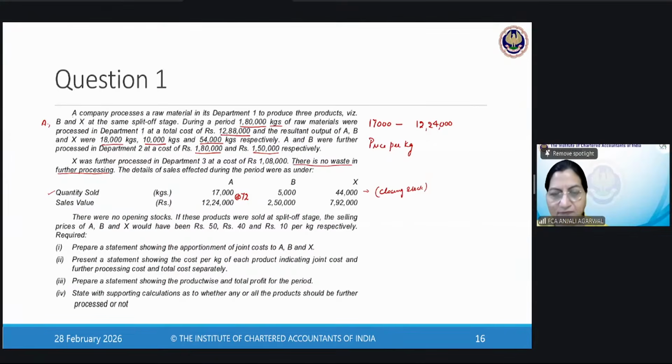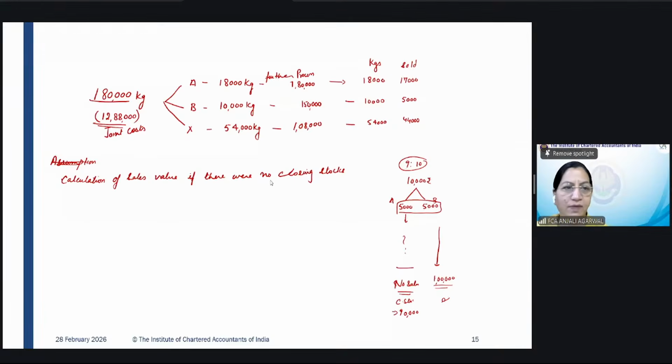So similarly, you will find out the price per kg for product B, 2,50,000 divided by 5,000. Okay. So we will prepare a statement. Product A, product B, product X. Sales quantity is 17,000, 5,000, and 44,000.